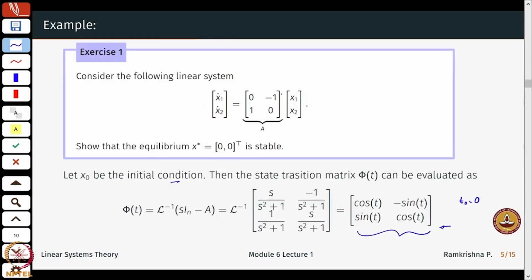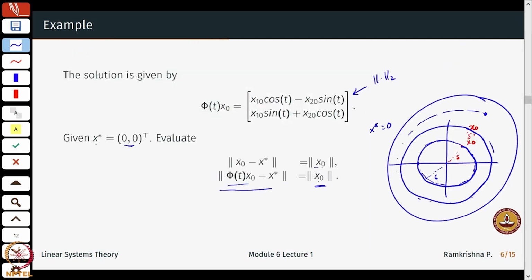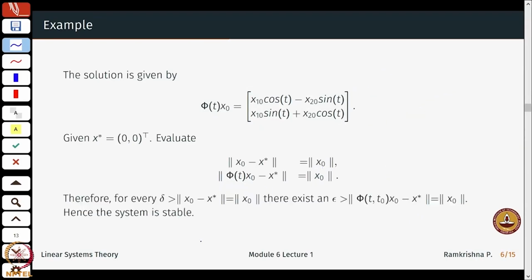As an exercise, for an example of instability, just check for this matrix and then try to compute the epsilon and delta values, and you will find that they will not exist. So you will not be able to bound this by some number from above. Okay, so I will not really do that example of instability, because it should be easy to check.